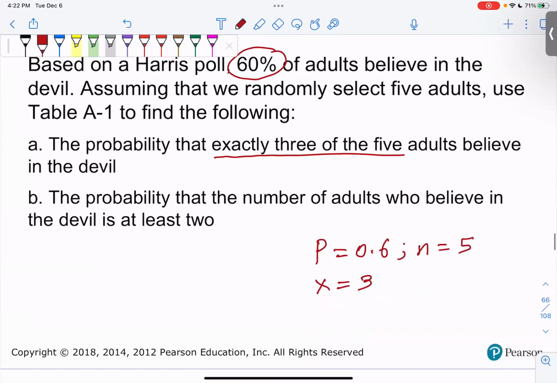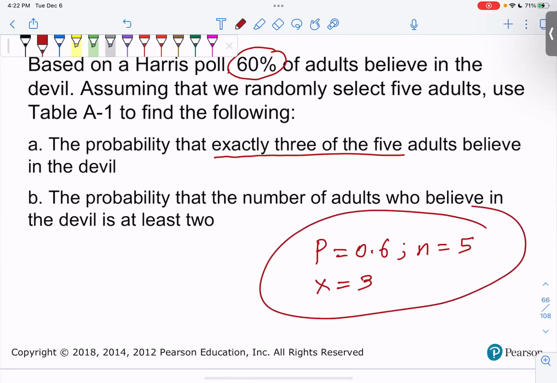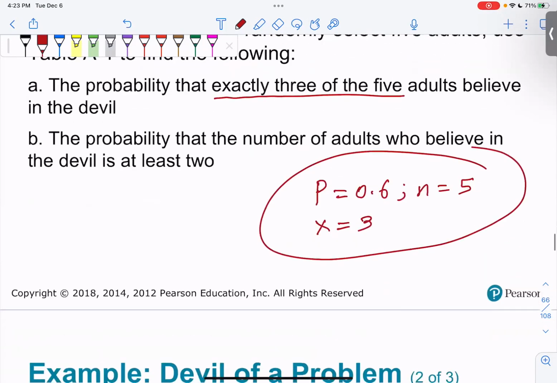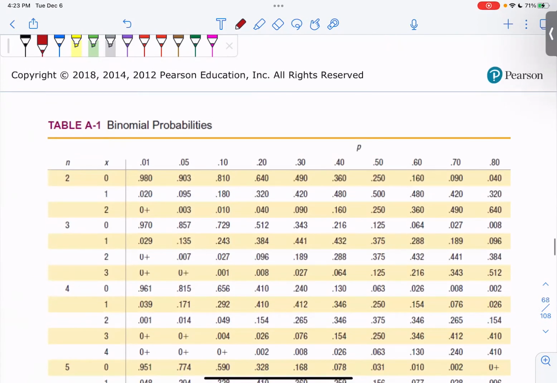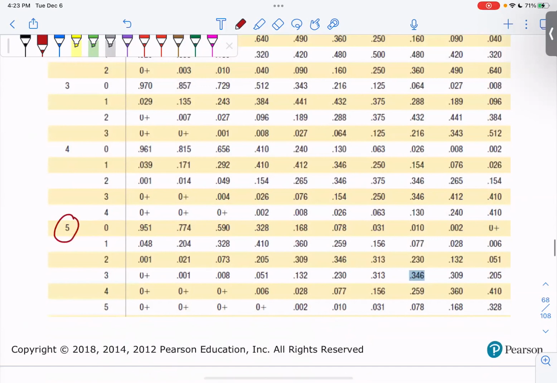Okay, so we did say that we need those 3 things, right? We need n, x, and the probability of success. So just go to the table. This is the value of p, which is equal to 0.6, and n equal to 5, and x equal to 3.